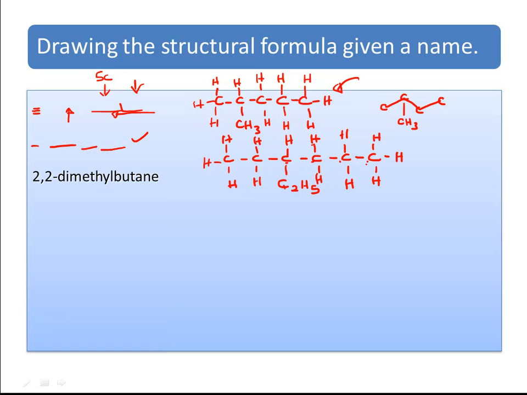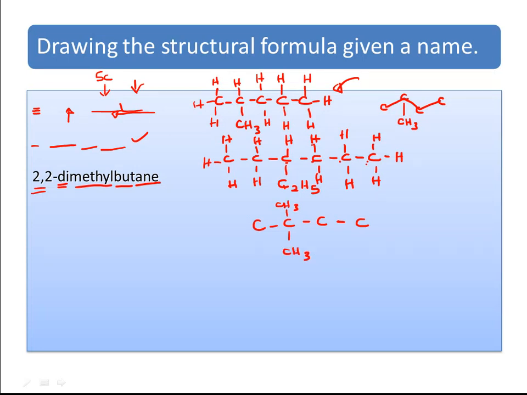Let's do 2,2-dimethyl butane. Right, as we were doing all along, an alkane, no double bond, and 4 carbon atoms. We've got methyl groups. How many of them? We've got 2 methyl groups, and they are both sitting on the 2nd carbon of the butane. So we've got 1, 2, 3, 4 carbon atoms, and on carbon number 2 we've got 2 methyl groups.